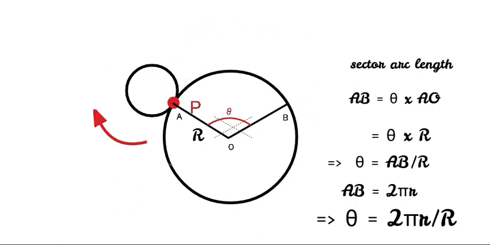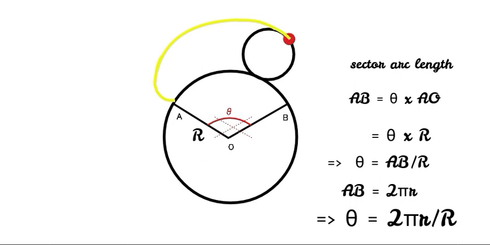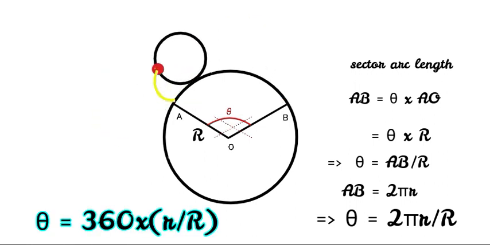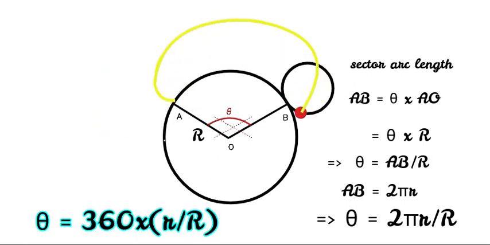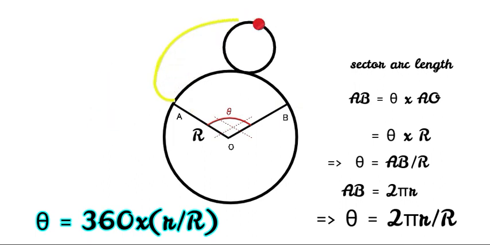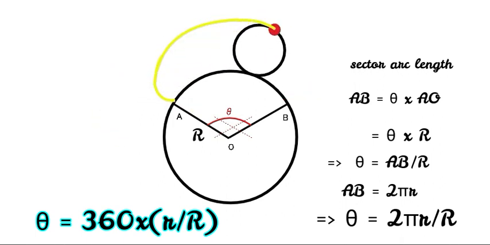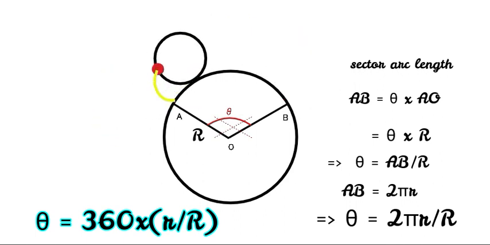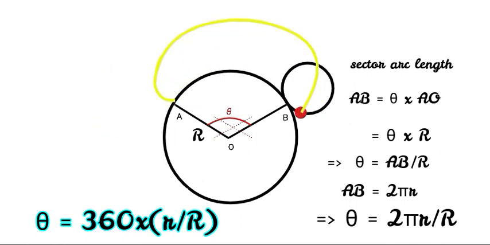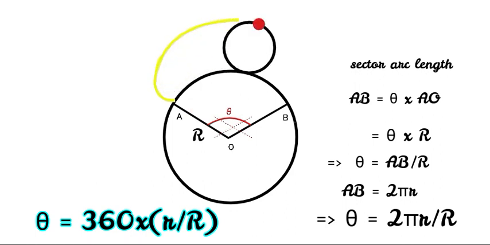So 2 pi is in radians. While converting it into degrees, we get 2 pi as 360 degrees. So we can write theta equal to small r by capital R into 360 degrees. This formula is important and is used for calculating the sector angle.